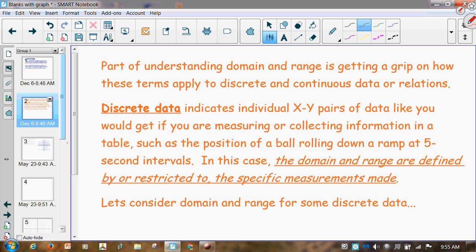You would collect the distance and you would collect the time and make those into a relationship of time versus distance. In this case, the domain and range are defined or restricted to the specific measurements that you made.